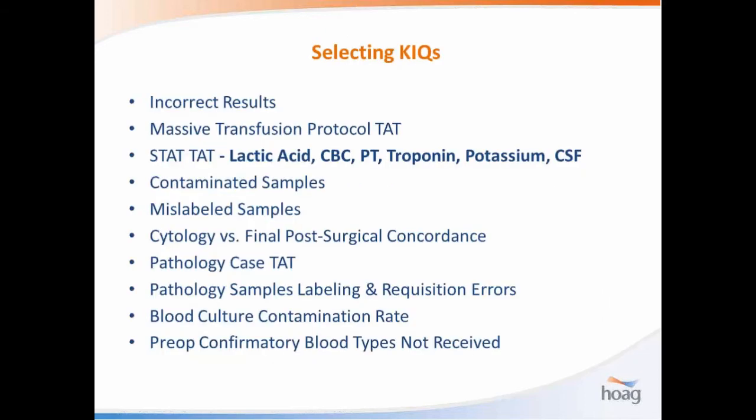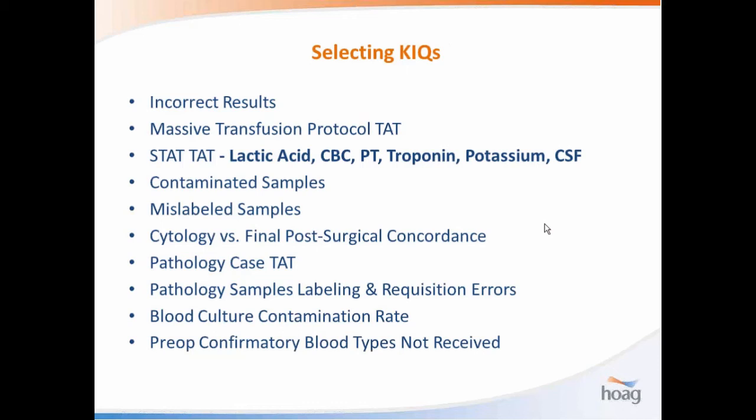So these are some of the KIQs we've selected for the next fiscal year. Again, some of them based on nonconforming events, some of them not. Incorrect results, massive transfusion protocol turnaround time. We monitor stat turnaround time; that does not come from our nonconforming event system.